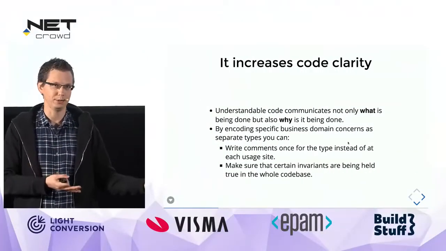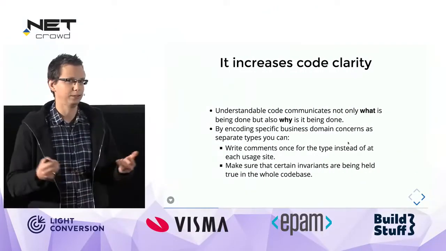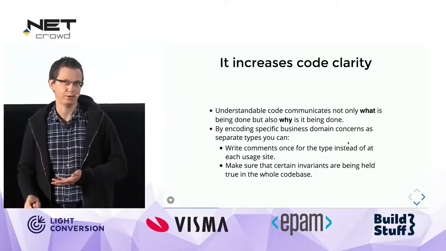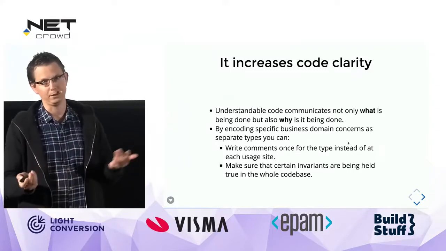Often you have to write comments on parameters in the code, saying what these parameters do. If you move the comments to the type, you don't have to comment the parameters anymore. So you can kind of not repeat yourself on the documentation for the semantic meaning of the parameters.